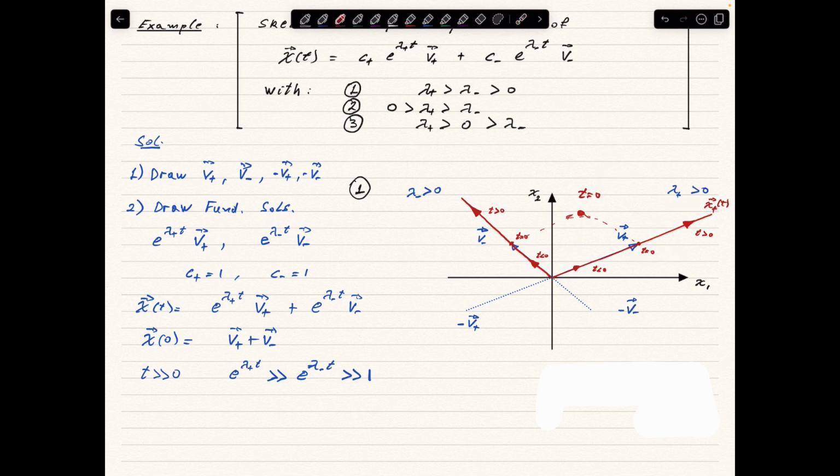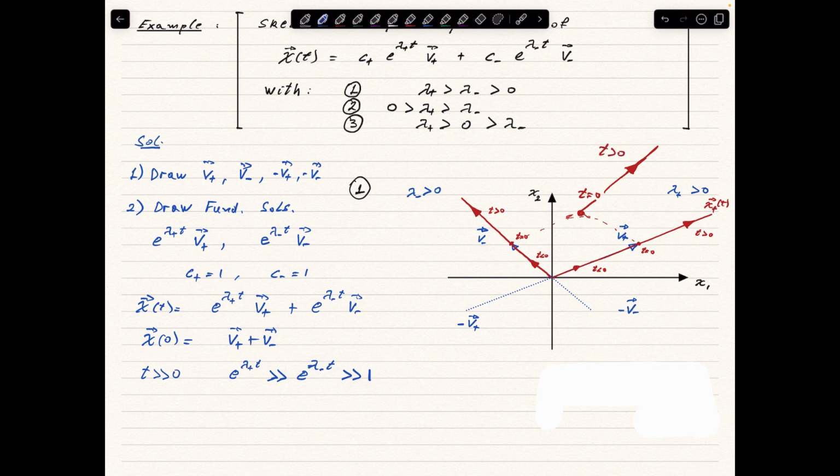So essentially, we are going to move maybe something like this as t grows. That's a horrible arrow. Let's do a better arrow. And we are moving in that direction. And this is t positive.